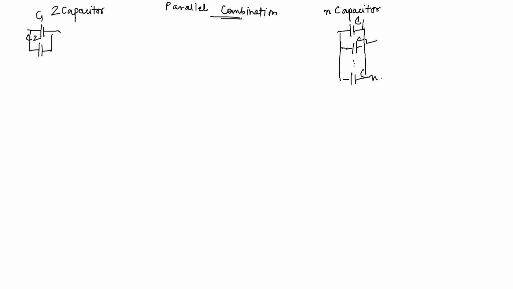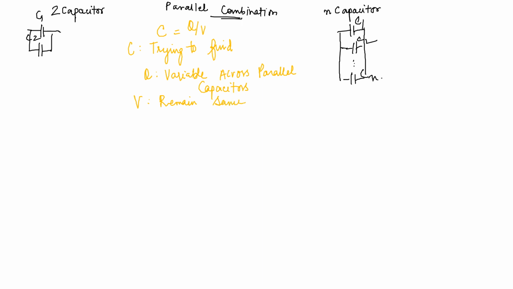The basic formula for both the things will be capacitance equals Q upon V. Here capacitance C is what we are trying to find, and Q is the charge across the parallel capacitors, and the voltage, the potential difference provided, will remain the same always in this combination.